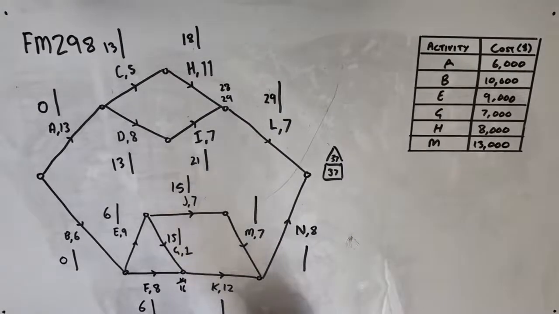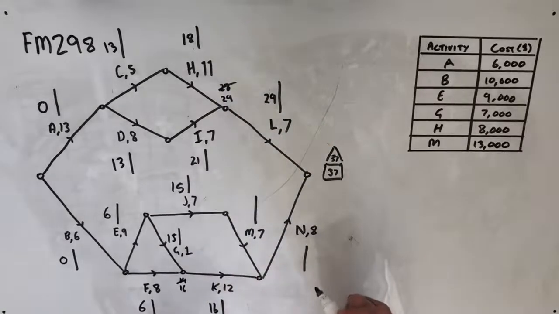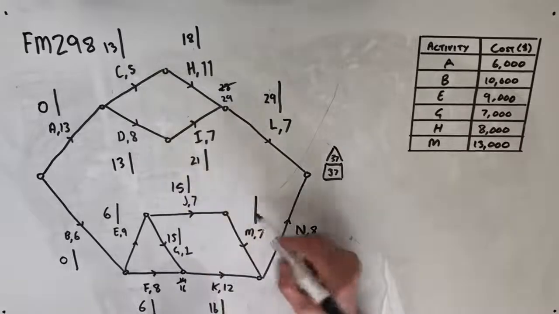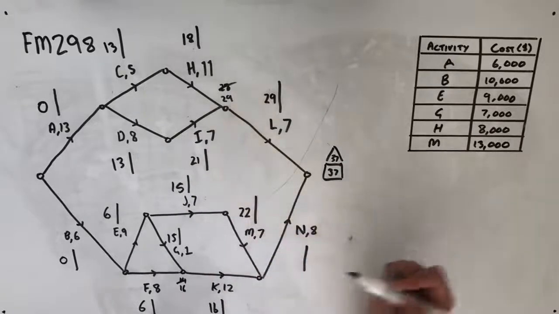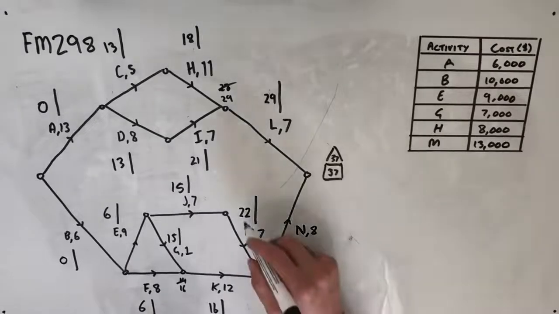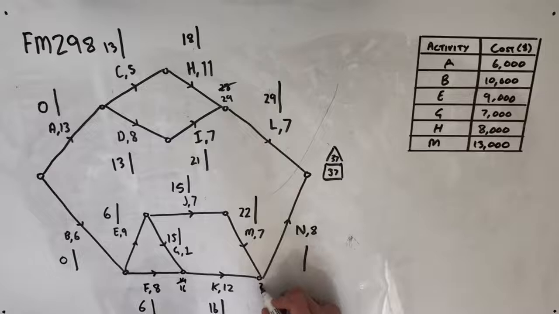So picking the larger of the two again, we have an earliest starting time of 16 here. M will have an earliest starting time of 15, add the 7, 22. And now earliest starting time for activity N is either going to be 29 coming off of L, or it's going to be 28 coming out of K.